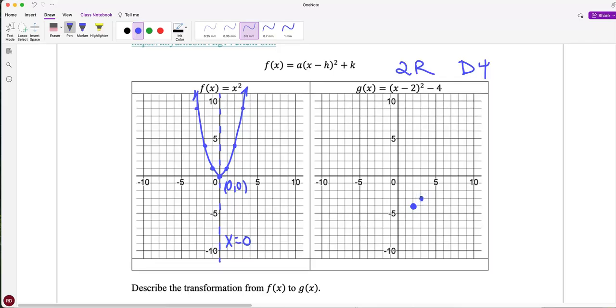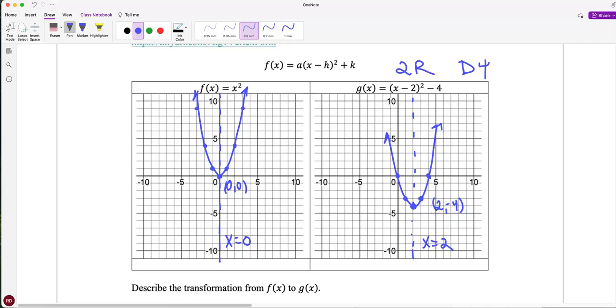Or I could just say, I know the pattern here. Over 1, up 1. Over 2, up 4. So I know the graph looks like this. The axis of symmetry is right here at x equals 2. The vertex is 2, negative 4.